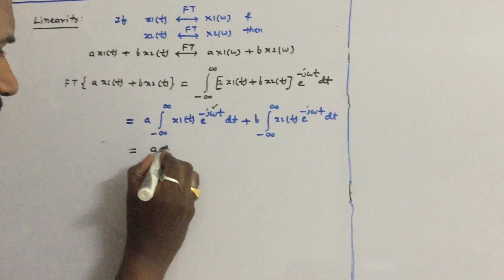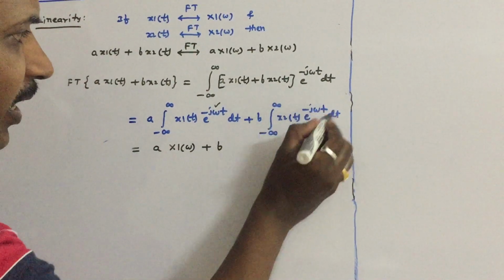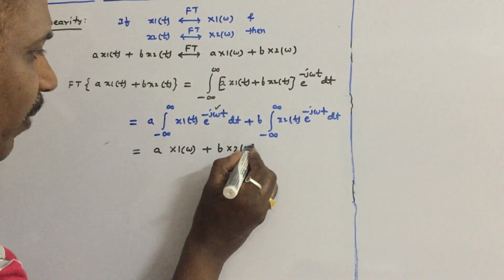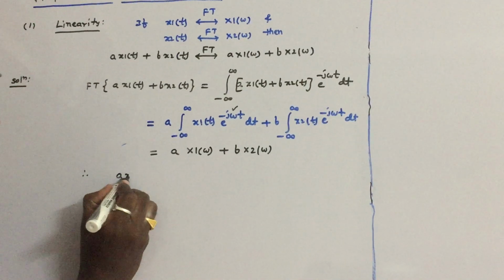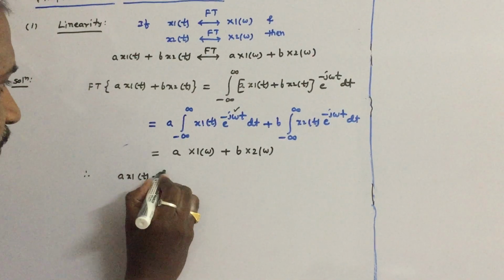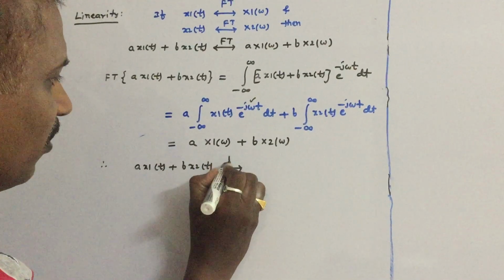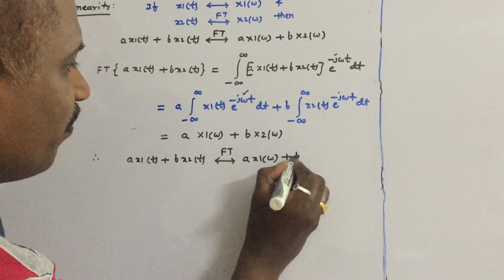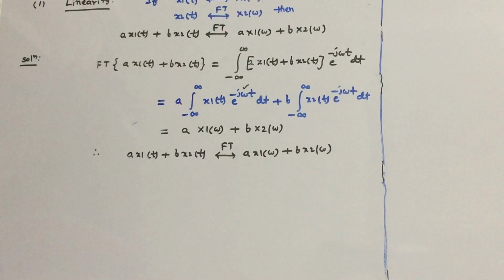The answer will come in omega. So therefore x1 of omega plus b into, this is the Fourier transform definition of x2 of t, which is given as x2 of omega. Therefore a into x1 of t plus b into x2 of t's Fourier transform is a into x1 of omega plus b into x2 of omega. So this is the answer.